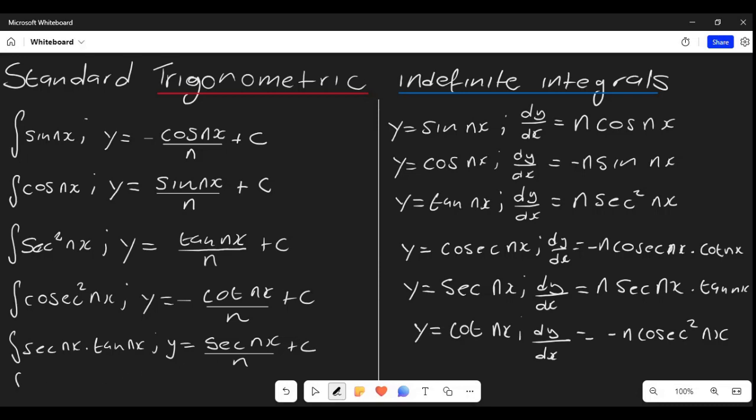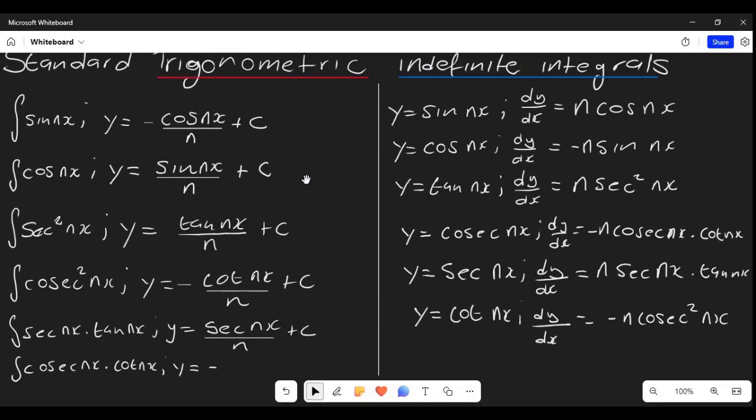Last but not least, when we have cosec nx multiplied by cot nx, the integral here is going to be y equals negative cosec nx divided by n plus c.